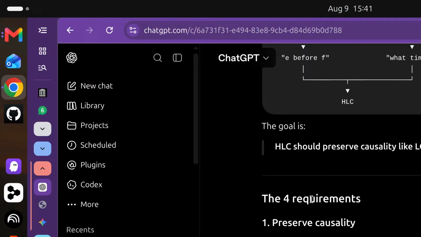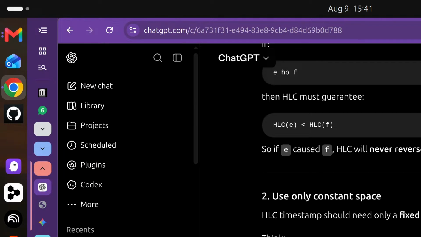So, four requirements. One is preserve the causality. If E happened before F, then HLC must guarantee that the timestamp of E must be less than the timestamp of F. So if E caused F, the HLC will never reverse their order.